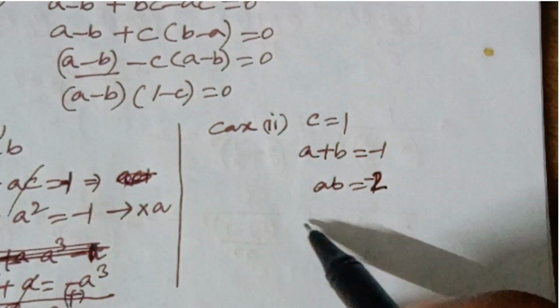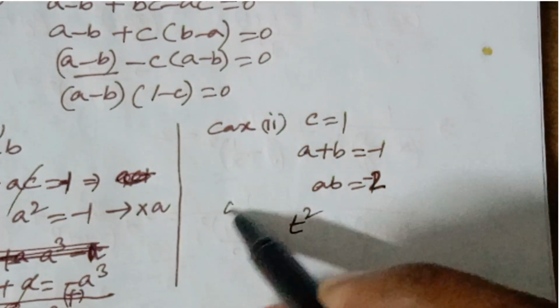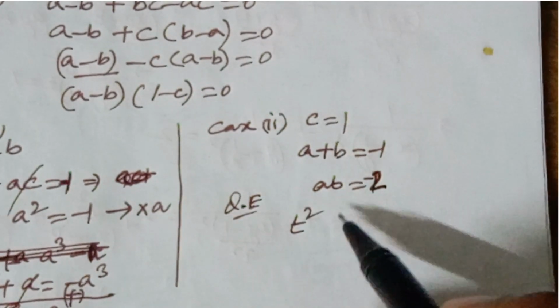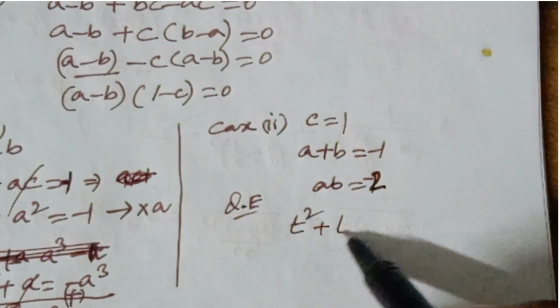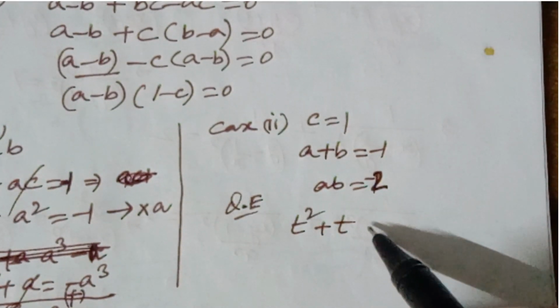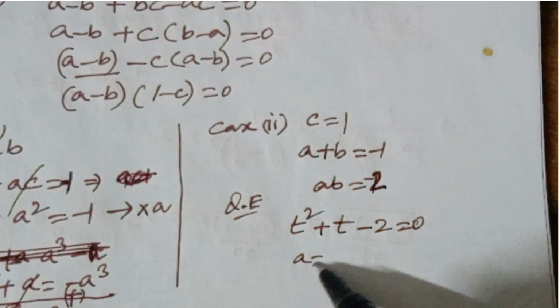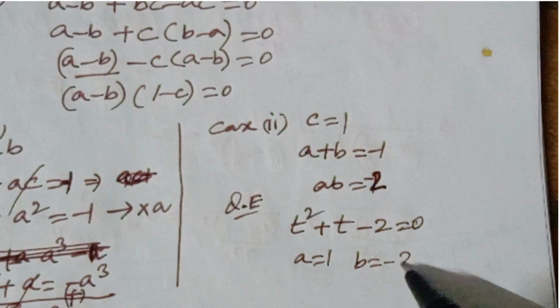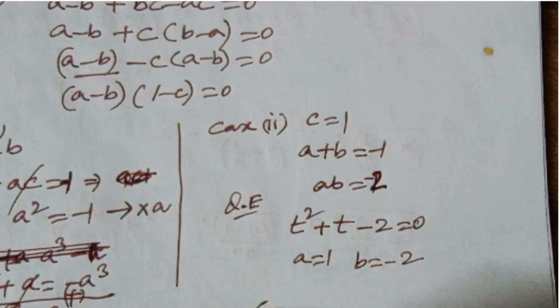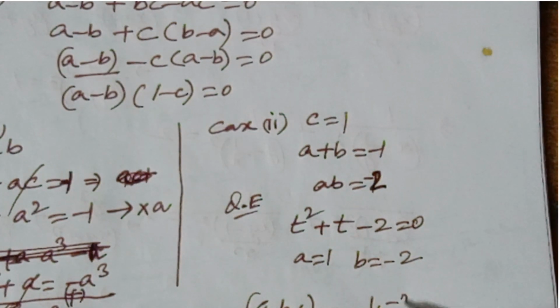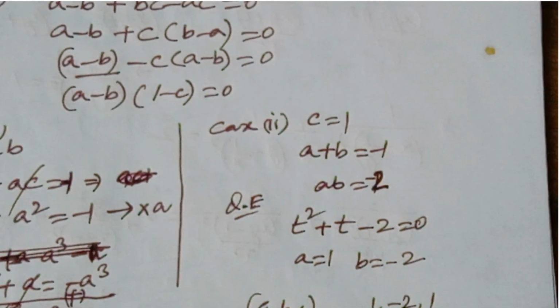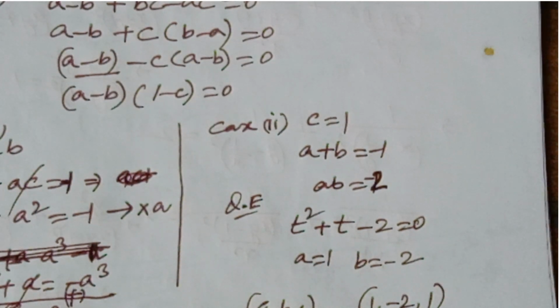Then you can write a quadratic equation in terms of t: t square plus t minus 2 equal to 0. So a is equal to 1, b is equal to minus 2. Now the values of a, b, c are 1, minus 2, 1, and minus 2, 1, 1.